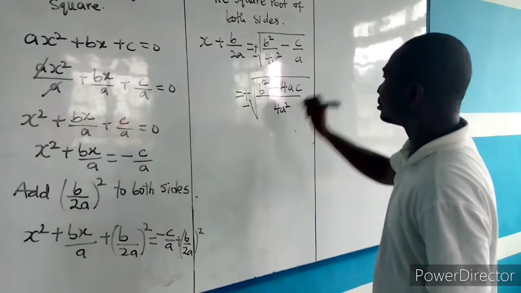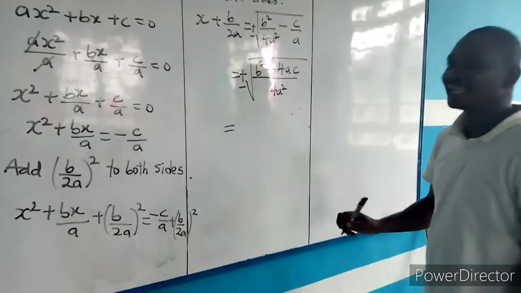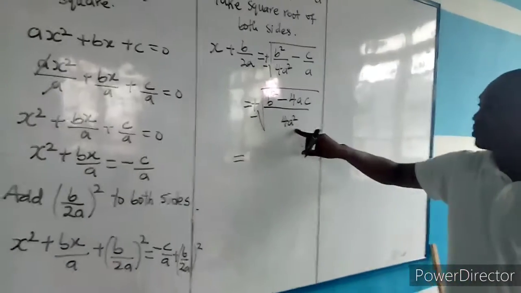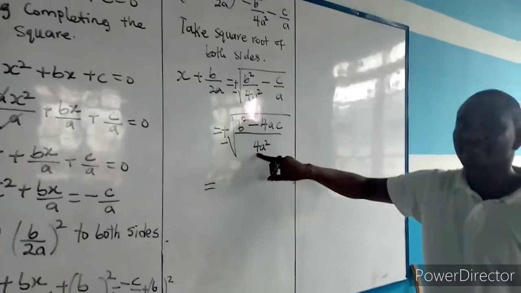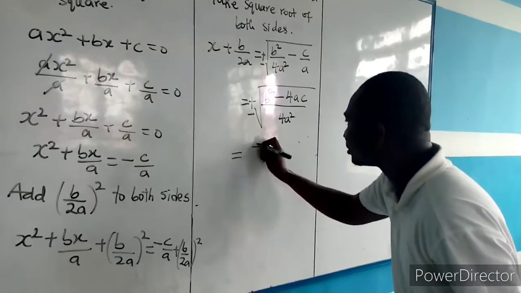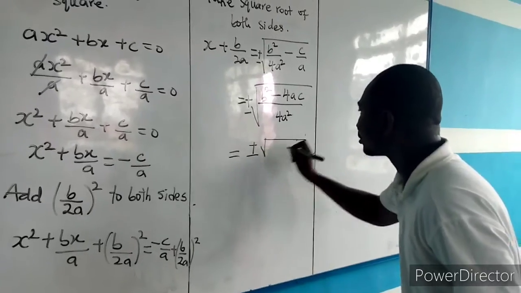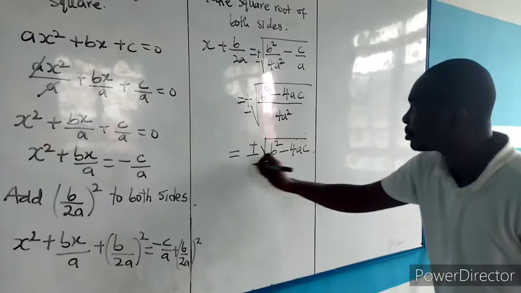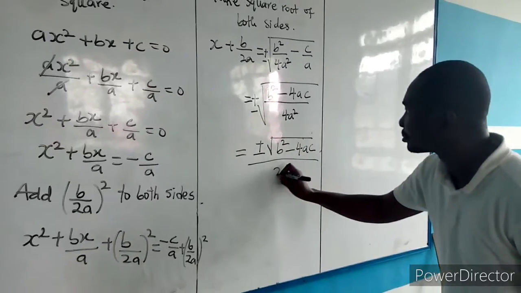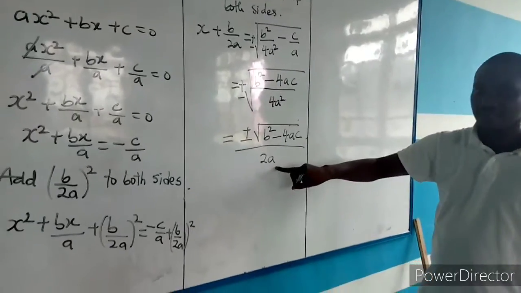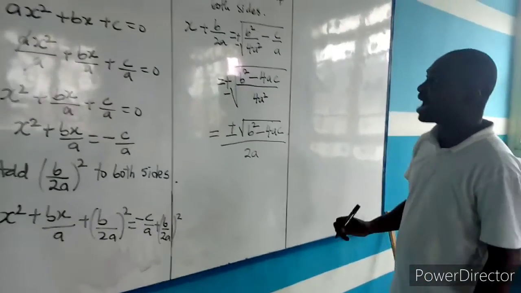As you can see, at the denominator here, I'm having 4a squared. I can quickly take the square root of this. The square root of 4a squared is 2a.